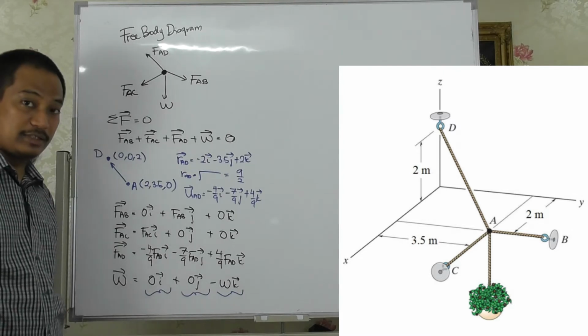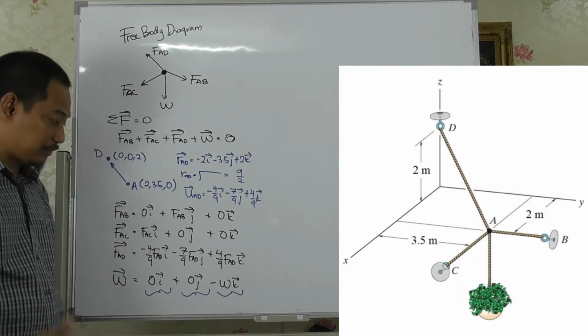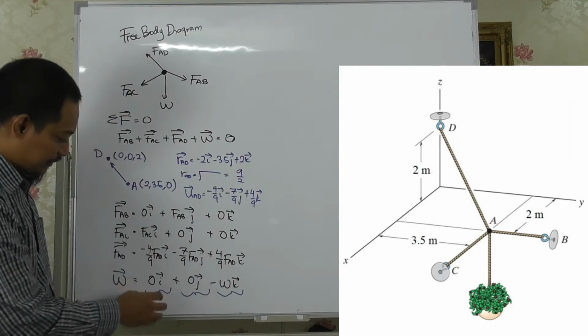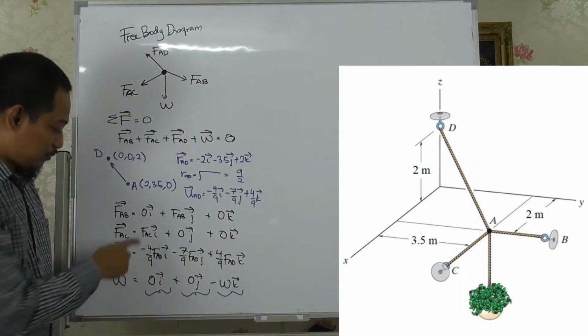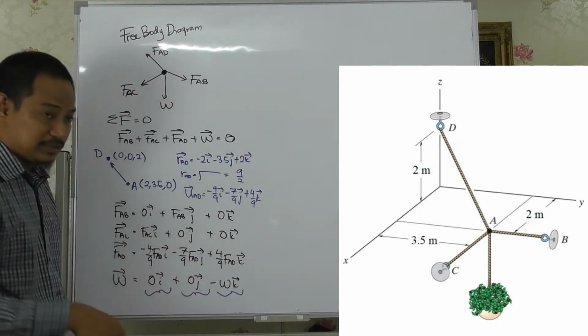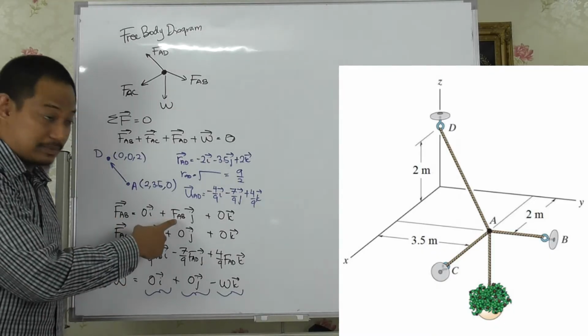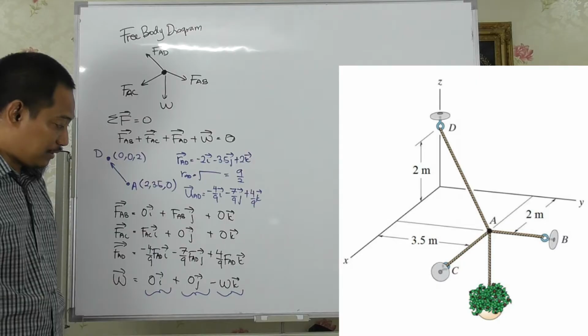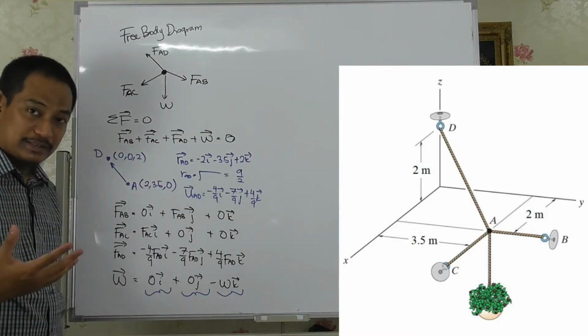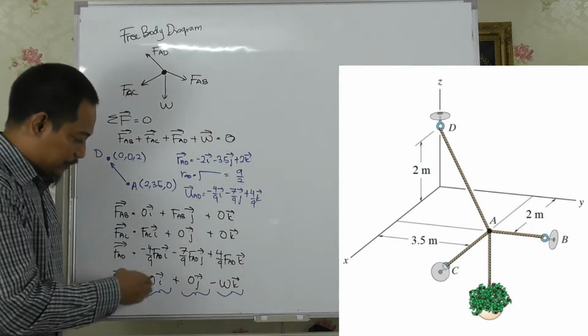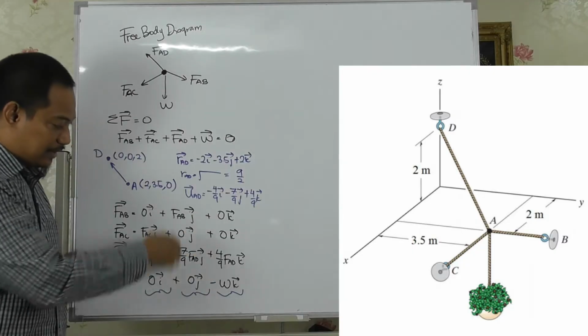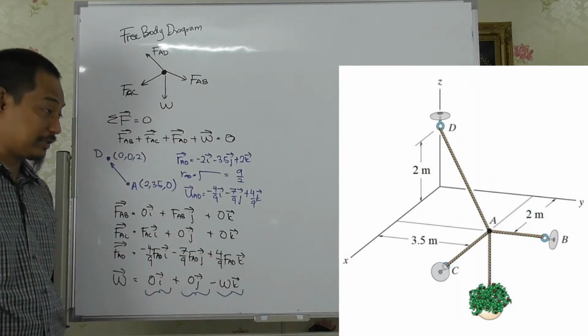That's why I keep writing all these 0s. It's not compulsory. You can straight away say FAB equal to FABj because everything else is 0. But it helps, especially in the exam, in the tense moment, to see everything in line so that it's easy to check and double check.